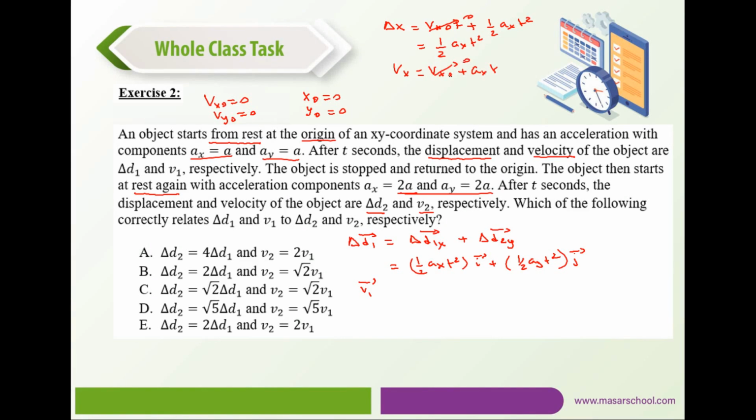We're starting from rest, so that would be axt, and here we can say that v1 can be expressed as v1x plus v1y, which is basically a1x multiplied by t multiplied by the unit vector i, plus a1y multiplied by t multiplied by the unit vector j. Now without doing the factor of change, this is straightforward.